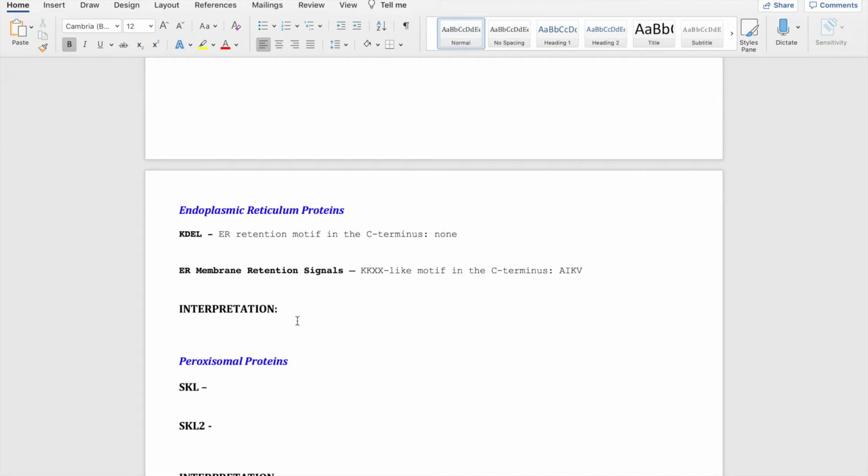And alternatively, you could get the motif XXRR, which is a diarginine motif, and that exists near the C-terminus of type 2 proteins. So we have a dilysine motif that exists near the C-termini of type 1a proteins.